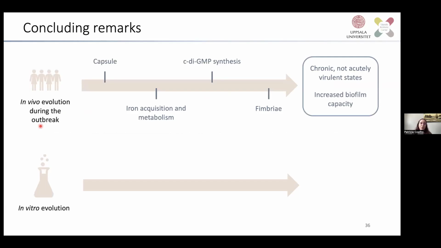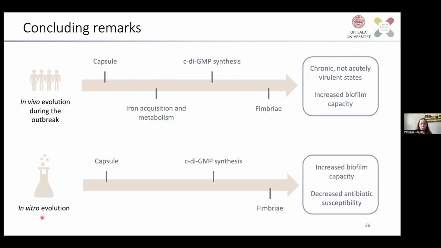If we think about the in vivo study that we talked about in the beginning, within the host, we saw that this clone evolved by acquiring changes in capsule, iron metabolism, cyclic GMP, and fimbria, leading to chronic, not acutely virulent states and increased biofilm formation capacity. But if we do the in vitro studies, we saw that these strains replicate some of the adaptive changes observed in vivo.